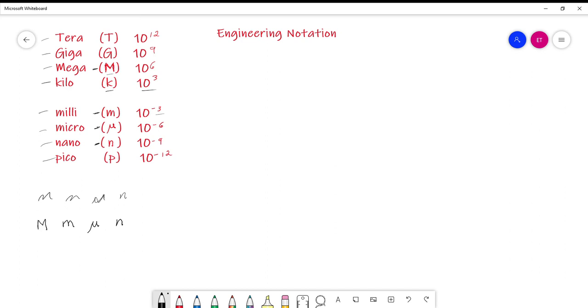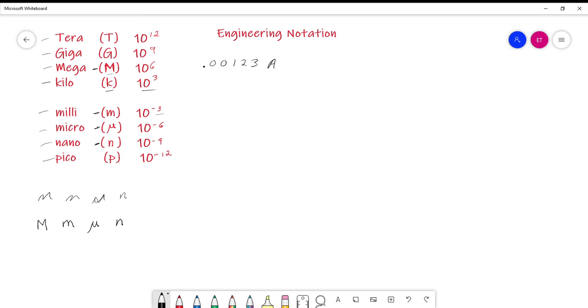Maybe that made sense or not, but let's do some examples. That'll help you if you still aren't sure how this all works. Let's say we have some real small value that we want to write down. Let's say we have a real small current flowing, so maybe only 0.00123 amps.